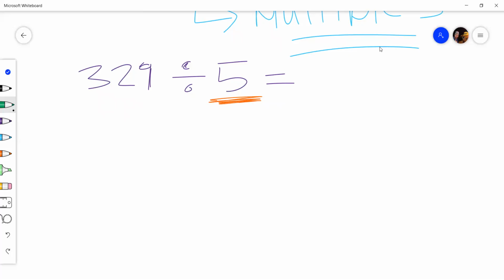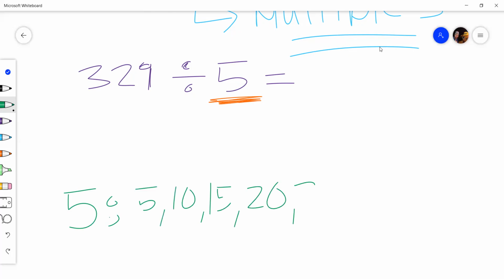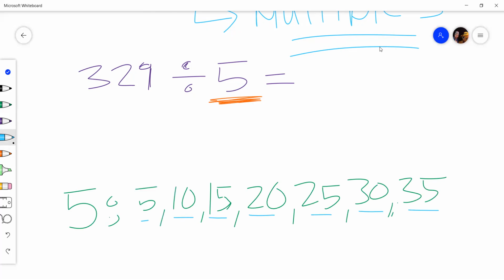What I mean by that is if I think about fives, I think about knowing my fives. So 5, 10, 15, 20, 25, 30, 35, right? I'll just stop there. If I think about those multiples, one of the things I can start to look at is, which one of these is getting me close to maybe the first couple digits in my number?